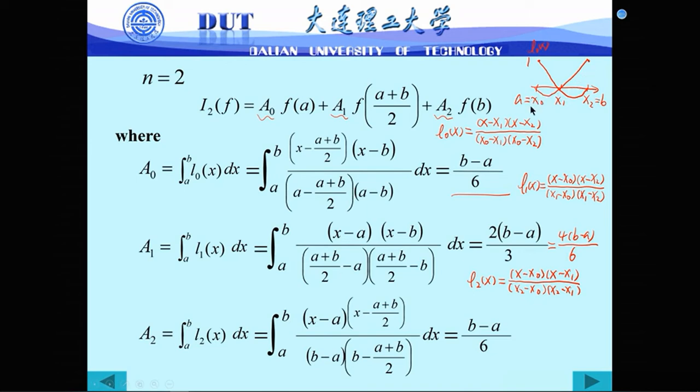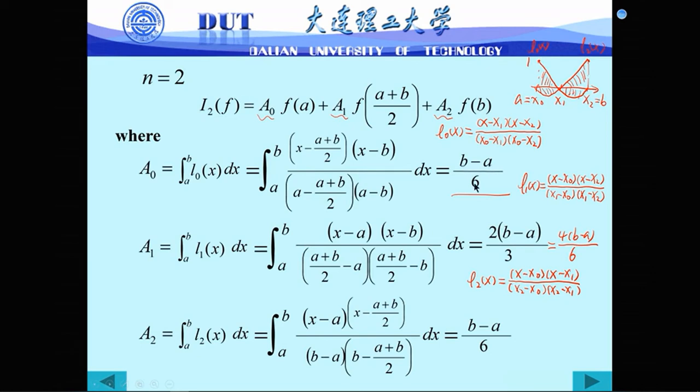Okay? So the area means this area, right? And the integral of L2 should be this part, this area, and this area. Now you see, they are symmetric, so of course the integral should be the same. The area should be the same, right?